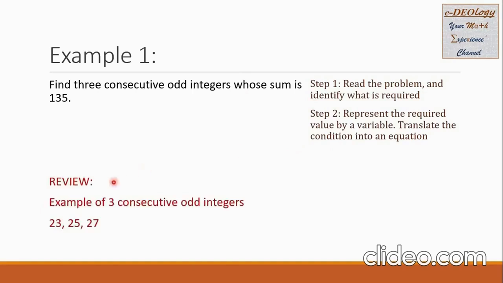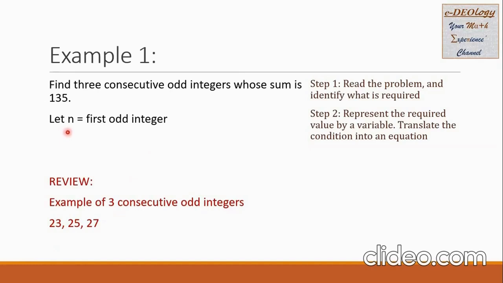Before I proceed, let us review. There is an example here of 3 consecutive odd integers, 23, 25, and 27. Let us go now to represent the required value by a variable.